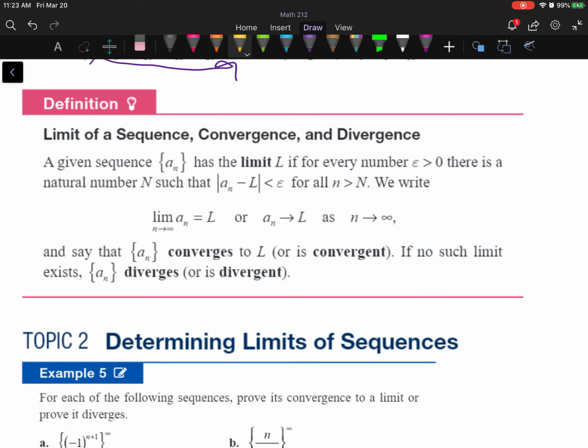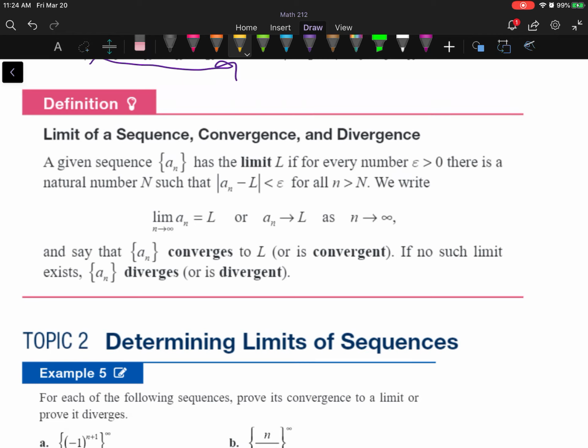A given sequence, a sub n, has the limit L if for every number epsilon greater than 0, there is a natural number big N such that the absolute value of a sub n minus L is less than epsilon for all n greater than big N. We write the limit as n approaches infinity of a sub n equals L, or a sub n approaches L as n approaches infinity, and say that a sub n converges to L or it's convergent, and if no such limit exists, then a sub n diverges.